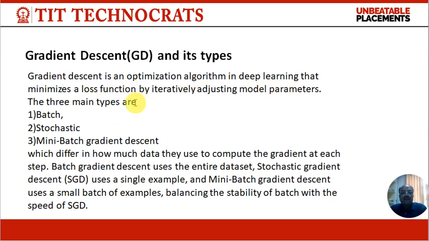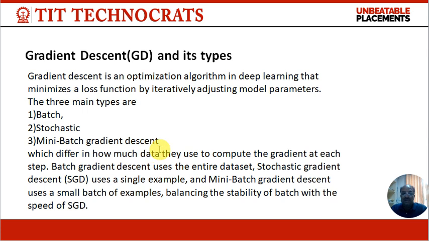So there are three main types of gradient descent in deep learning. Number one, batch gradient descent, stochastic gradient descent, and mini batch gradient descent. They differ by how much data they use to compute the gradient.